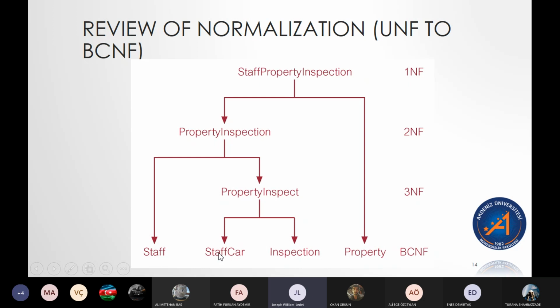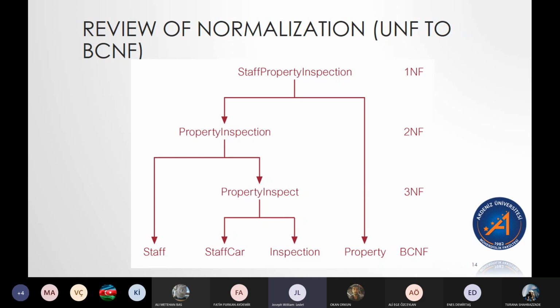Because remember, the whole point is that those other candidate keys were saying that a person cannot be in two places at the same time. A car cannot be in two places at the same time. And so what we'll say is we'll have this central table that's the inspection. It's the when the property was inspected.